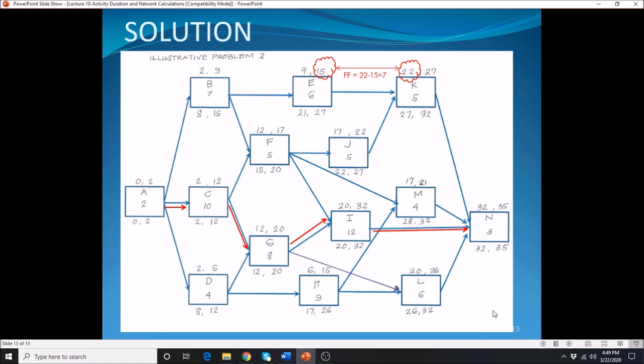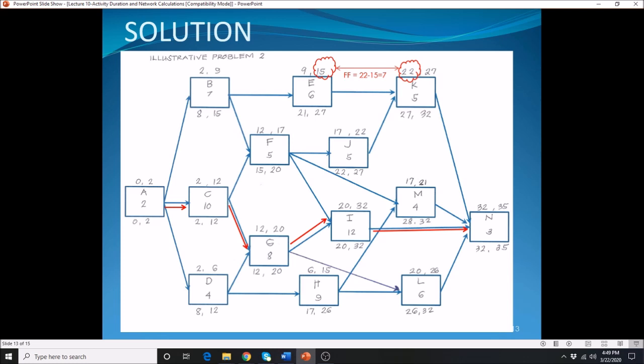The other thing is that they should be connected from the first all the way to the last. So you will notice here A, C, G, I, F. They're all connected from the first all the way to the last activity. If you don't have that, your calculation is wrong.